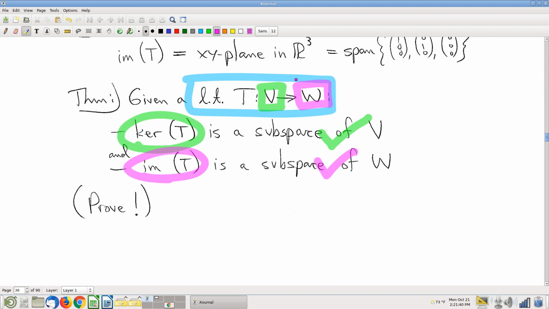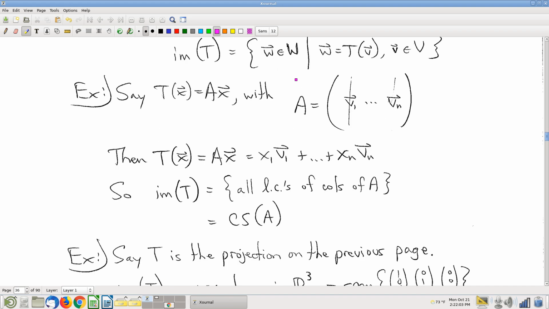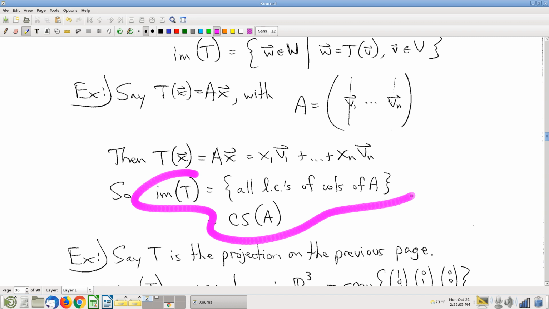But I have shown you, again, look back in the chapter 2 notes. Maybe I left this as an exercise for y'all, but one way or the other, y'all will see back in chapter 2 somewhere that a span of a collection of vectors is a subspace. And recall, the image is a span of a collection of vectors, at least in this case. Anyway, structurally, that proof is going to go a lot like this one.